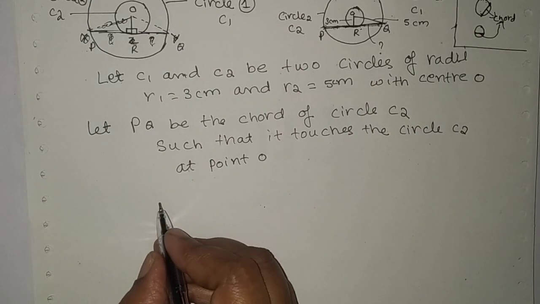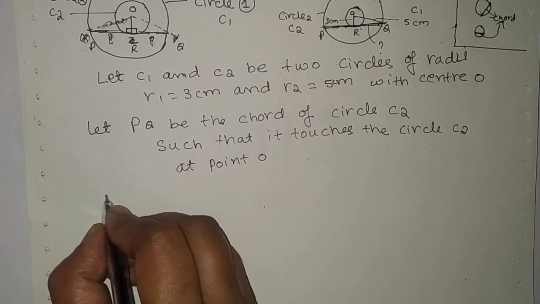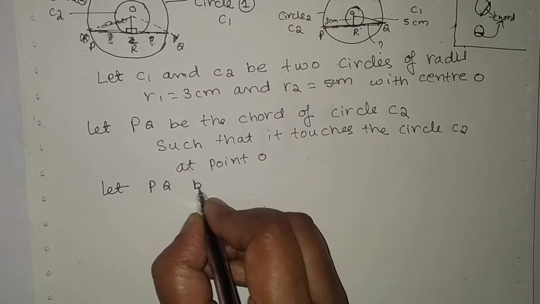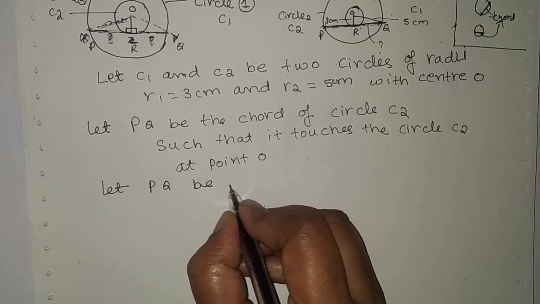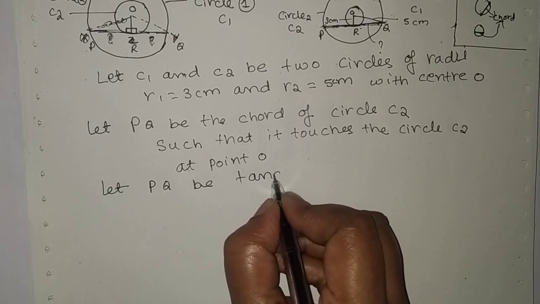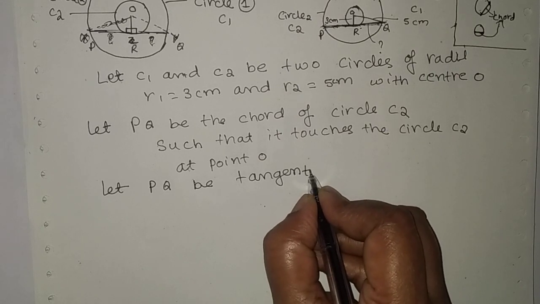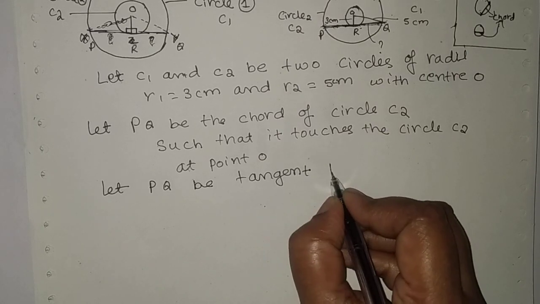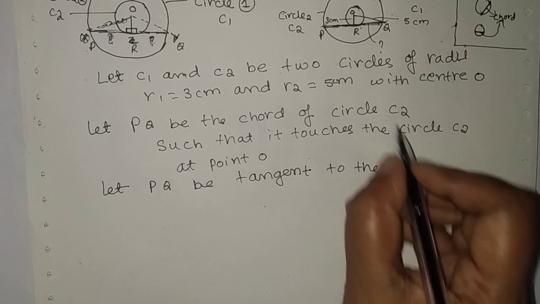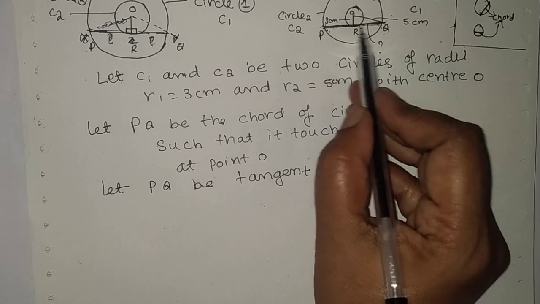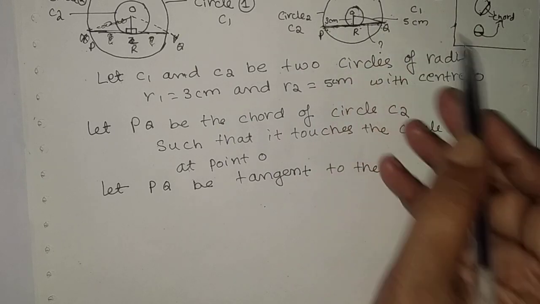Next, let PQ be the tangent to the circle. So this PQ is a chord to the circle C2, but it is a tangent to the circle C1.